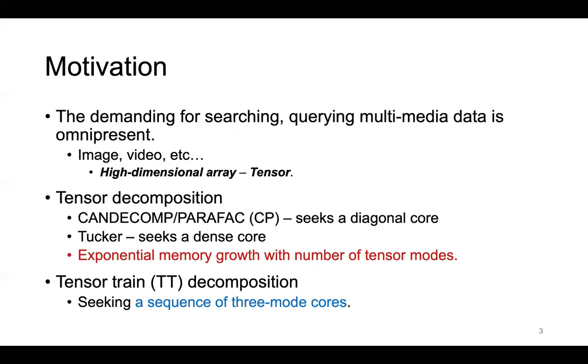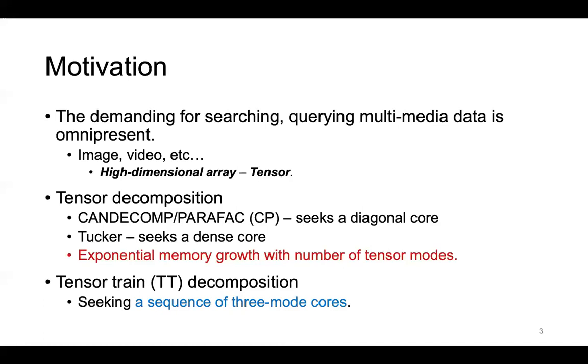To analyze this tensor, a lot of approaches, like tensor decomposition, have been proposed. For example, we have CP decomposition and Tucker decomposition. Basically, tensor decomposition will factorize the original input tensor into vector matrices with the core tensor.